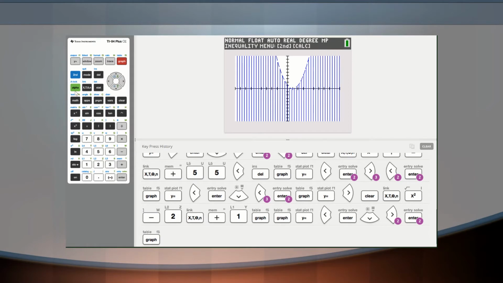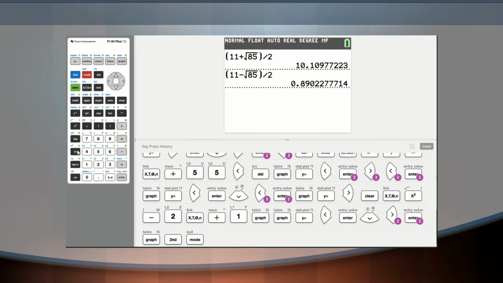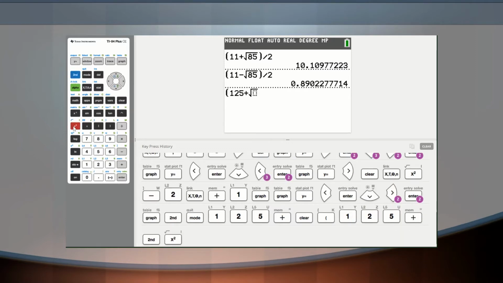All right, well, I'm over here at the calculator. So let's just get to the math screen. Let's see what we have. I had 125 plus the square root. I need to put all that in parentheses. Let me clear that. I'm going to put parentheses 125 plus the square root of 11,625.